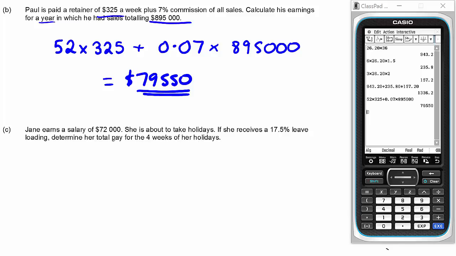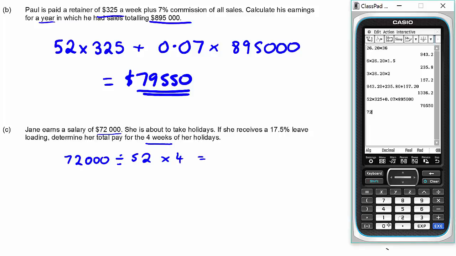So we need to know what 4 weeks of standard pay is to start with, and 72,000 a year. So if we do 72,000, and we'll divide that by 52 to get weeks, and then multiply by 4 to get 4 weeks.